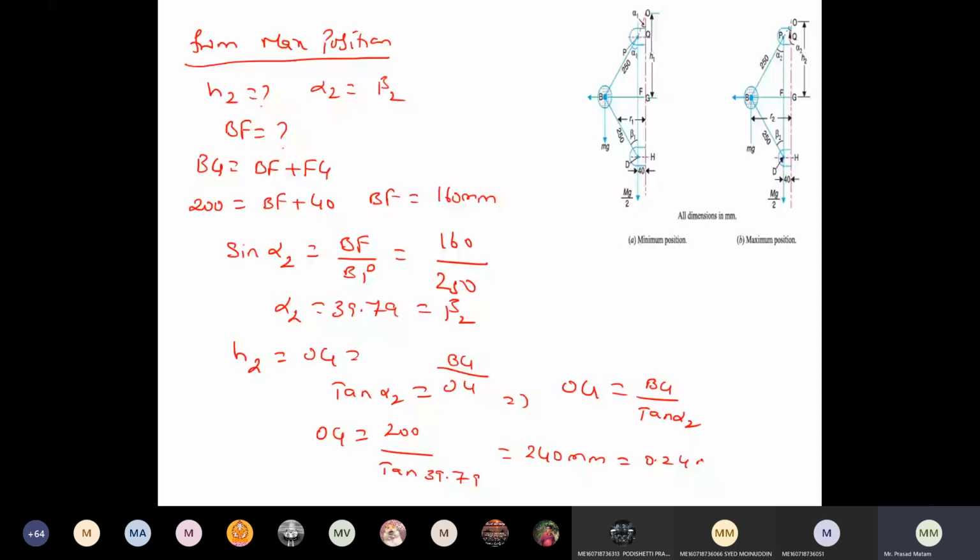Now let us try to find out the speed of the governor, N2. N2 square is equal to (small m plus capital M) by small m into 895 by H2. I am not writing Q here because Q is equal to 1.